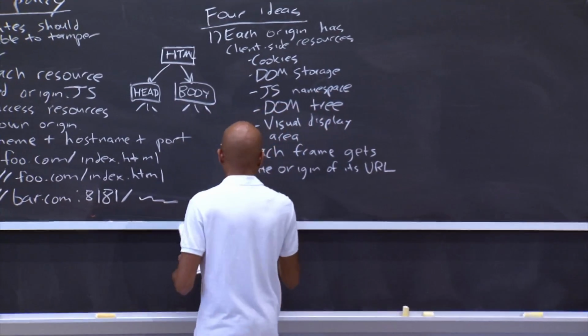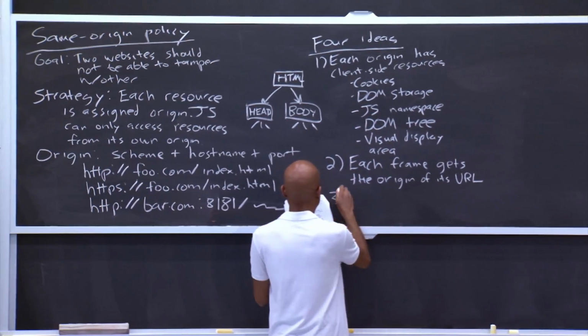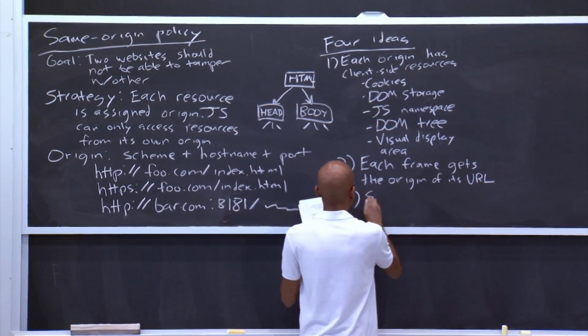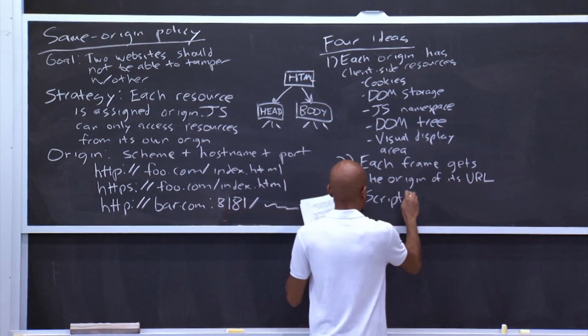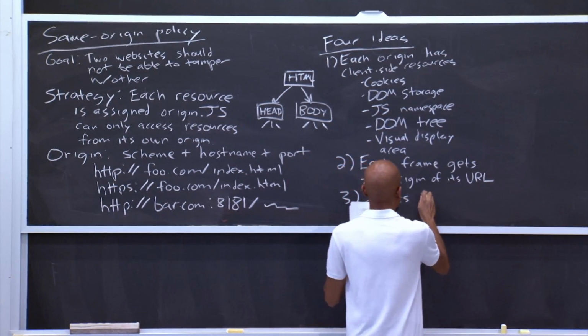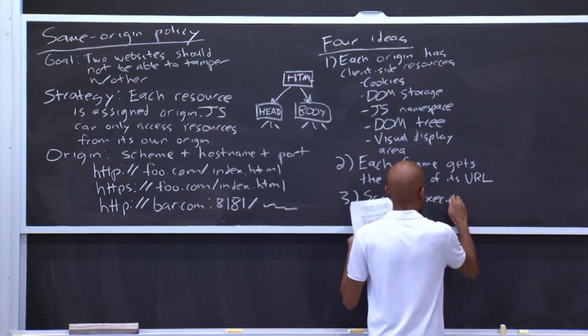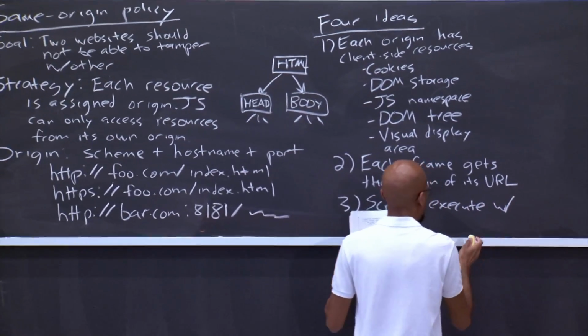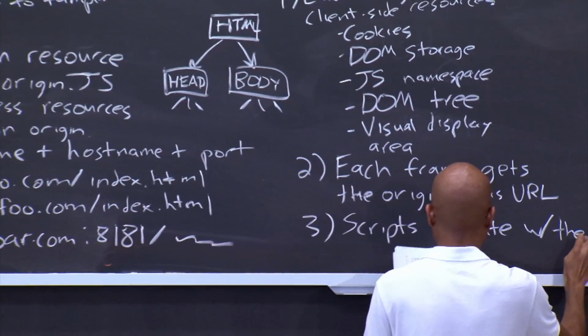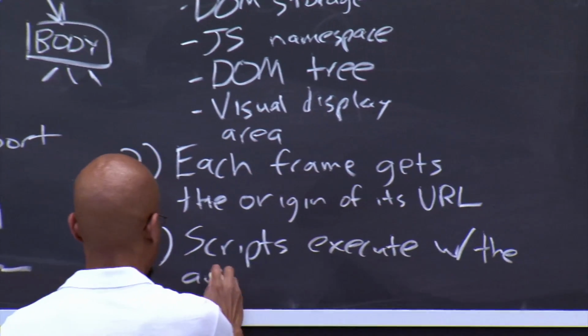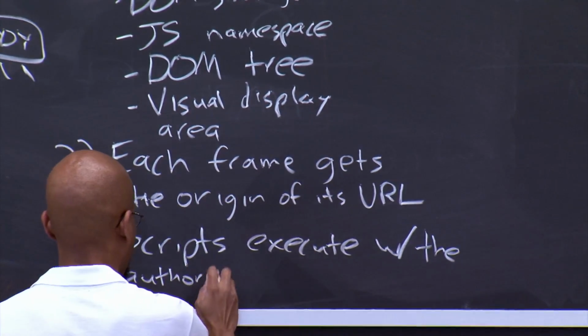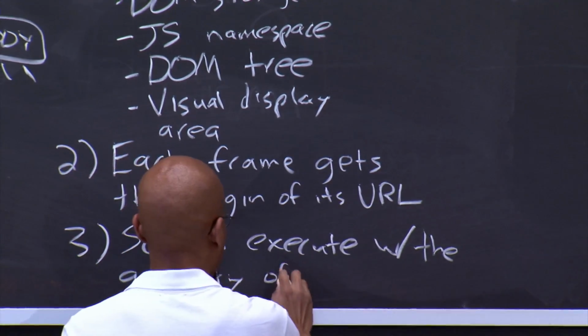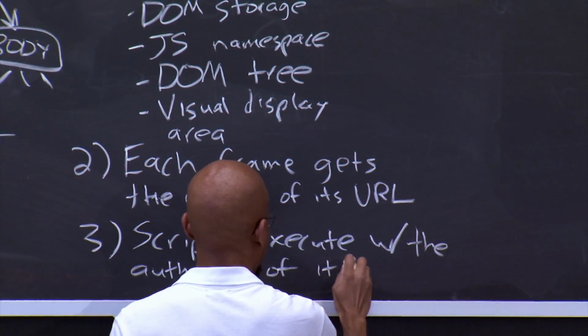So the third idea is that scripts, so JavaScript code, execute with the authority of its frame's origin.